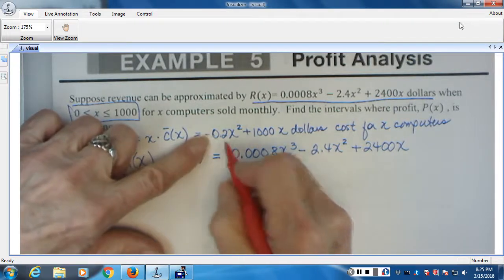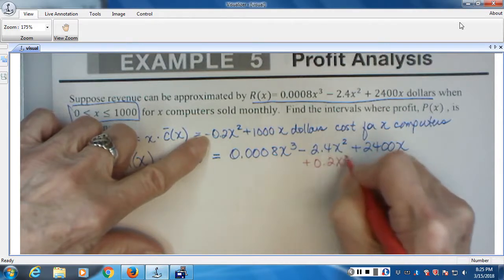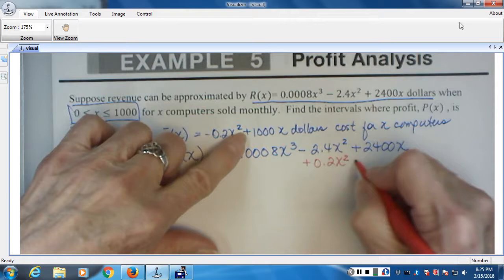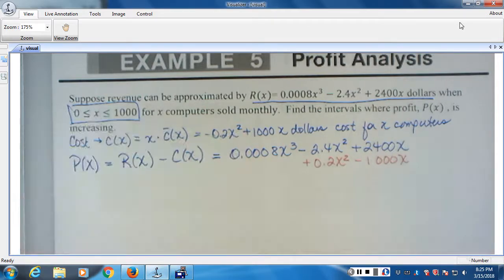So that's going to be positive 0.02x squared and negative 1,000x dollars because you're subtracting those.